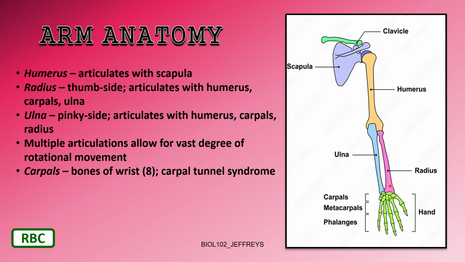Now, the bones of the wrist, there are 8 of them, and you don't have to learn the names. My anatomy physiology students have to learn the names and the orders, but you just know them as carpals. There are 8 of them, and you've heard of, I'm sure, carpal tunnel syndrome. What happens here, among the carpals, there are nerves that pass through.